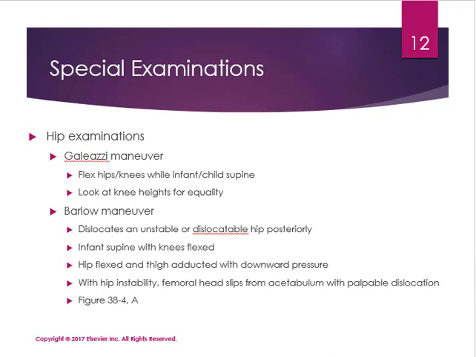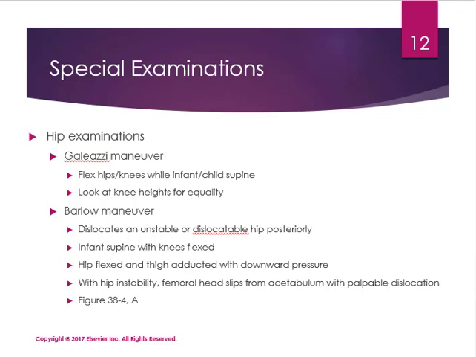The next is the Barlow maneuver, and this procedure can dislocate an unstable or a dislocatable hip posteriorly. This is done in little ones, and they're placed on their back with the knees flexed. The hip is flexed and the thigh is adducted with downward pressure.